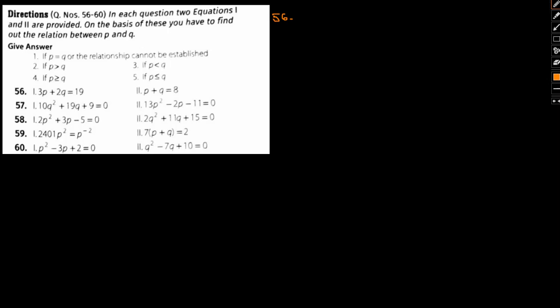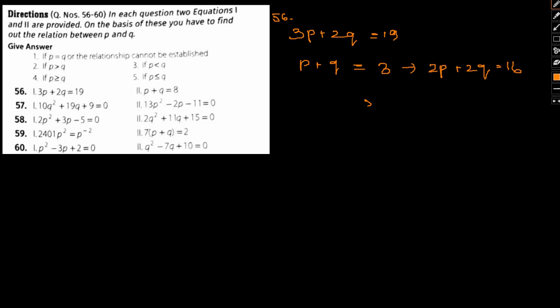So one is 3p plus 2q equal to 19, and another being p plus q equal to 8. Let us try and solve these equations. Let me multiply the second equation by 2, so it will have 2p plus 2q equal to 16, and subtract the same.